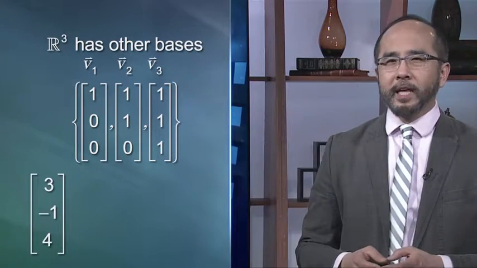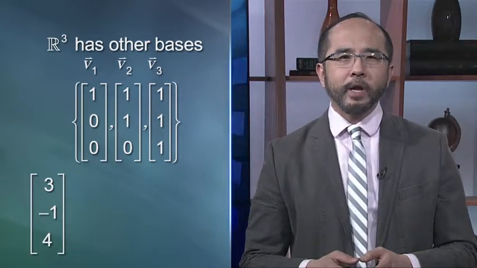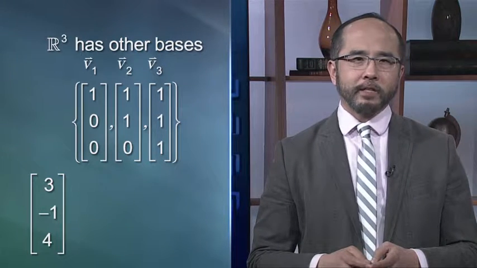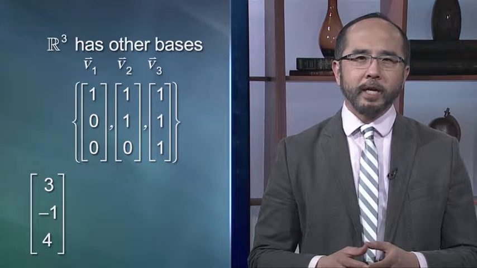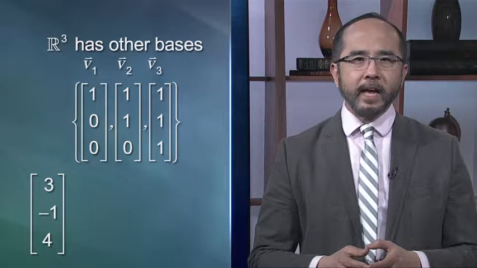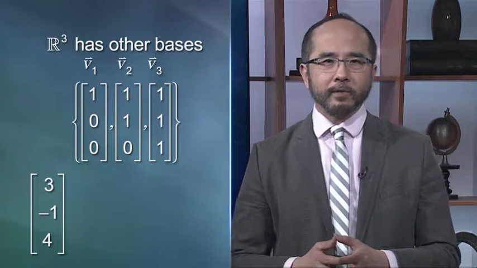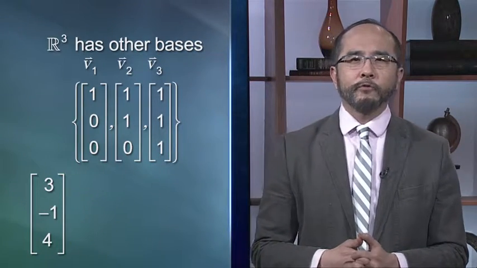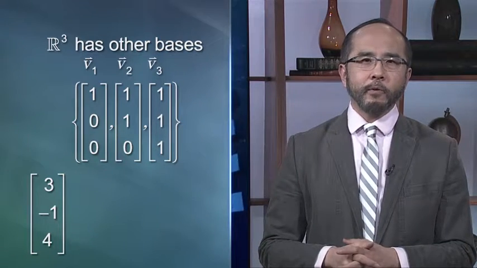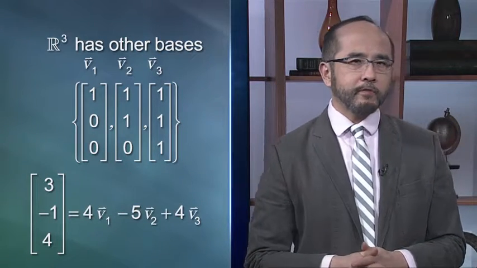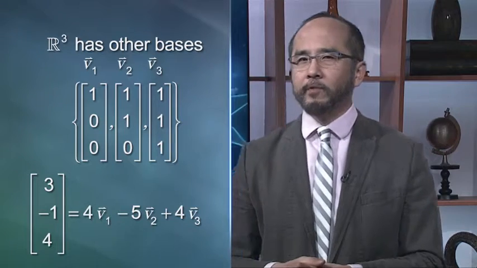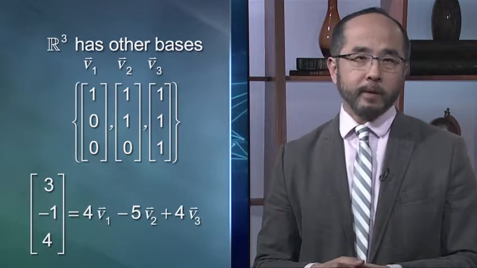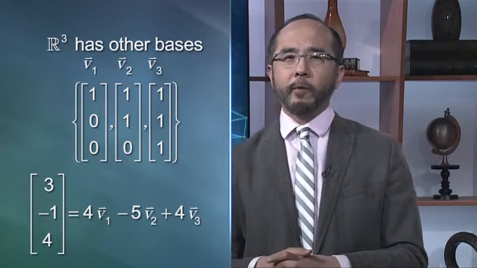The vector (3, -1, 4) can be written in terms of these vectors, v1, v2, v3, by solving Ax = (3, -1, 4). You will find (3, -1, 4) equals 4 times v1 minus 5 times v2 plus 4 times v3. That's a linear combination.